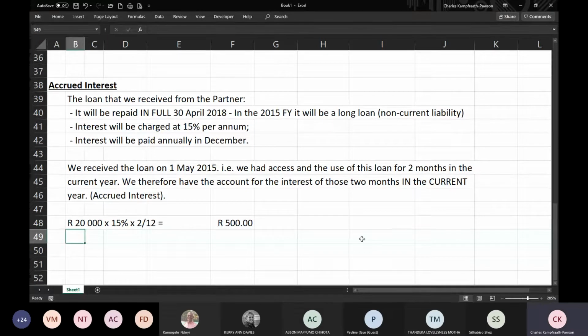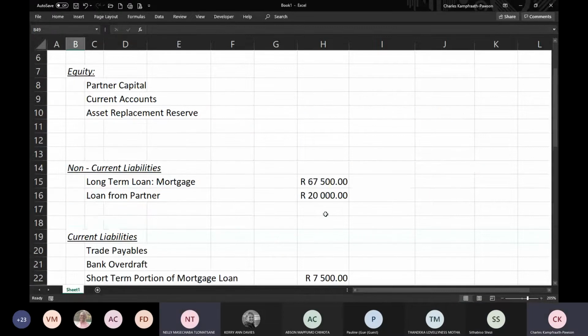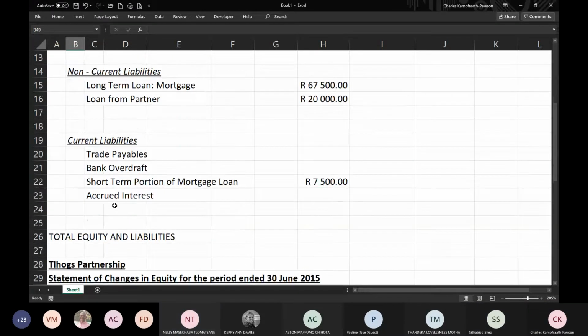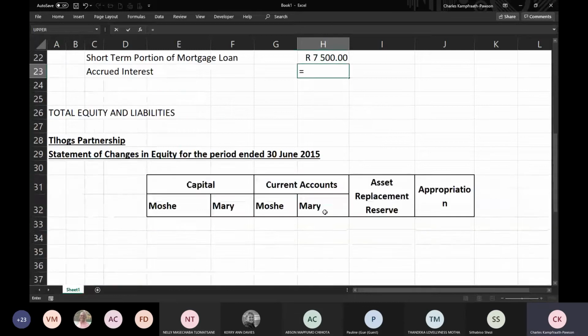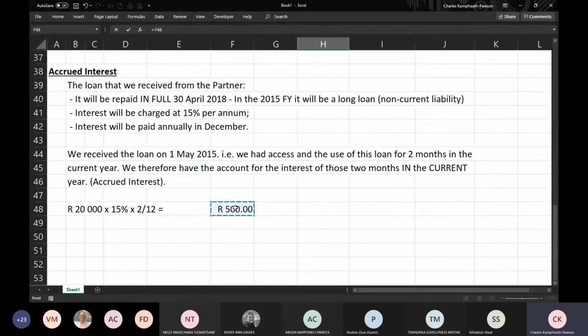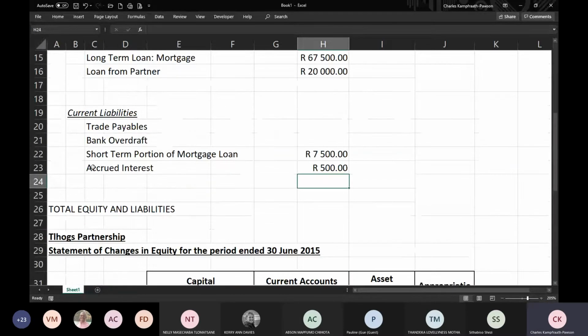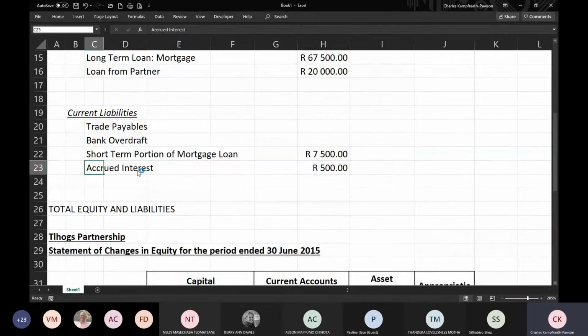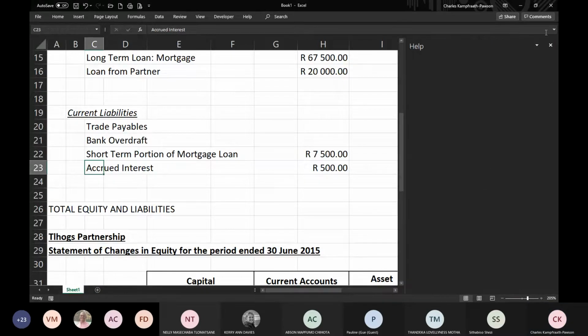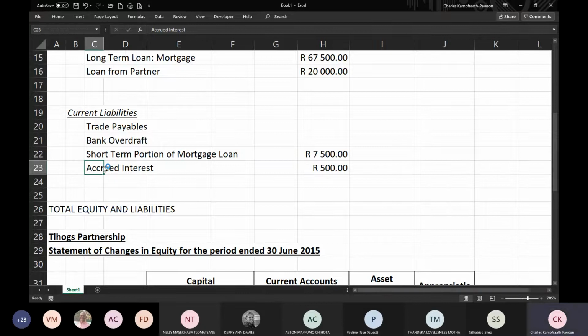Everybody happy with that? Okay. Accrued interest equals the 500 Rand. I'm just going to say see note below.